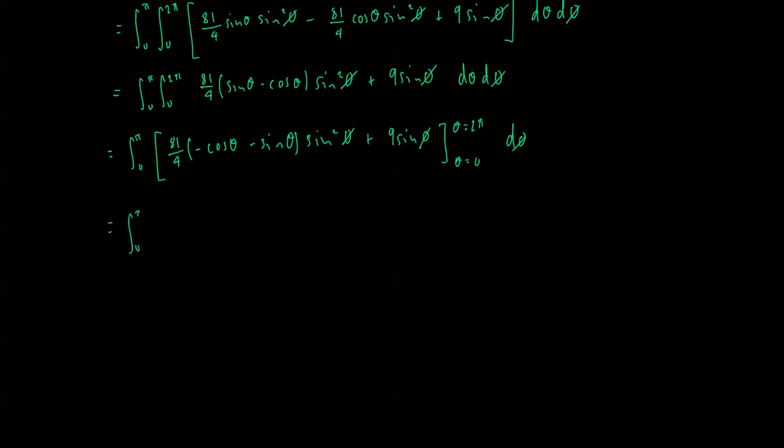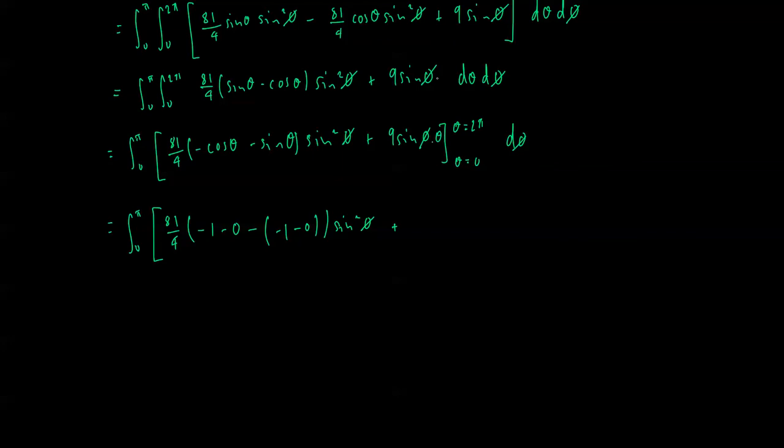From 0 to pi, 81 on 4, substitute 2 pi in. Negative cos of 2 pi is negative 1, minus sine of 2 pi is 0. Then minus of negative cos of 0, which is negative 1, minus 0, times sine squared phi, plus, oh, I didn't integrate this with respect to theta, my bad.